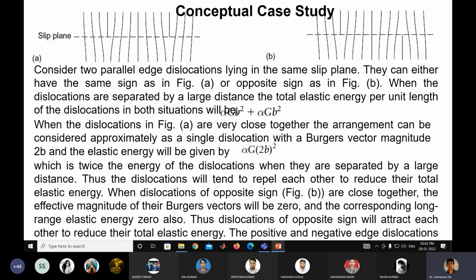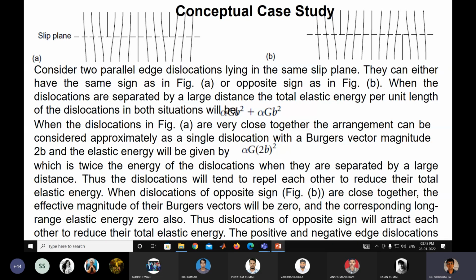We are considering two parallel edge dislocations lying in the same slip plane. They can either have the same sign, as in figure A, or opposite signs, as in figure B. When the dislocations are separated by a large distance, the total elastic energy per unit length in both situations will be proportional to Gb² plus Gb², that is, 2Gb².